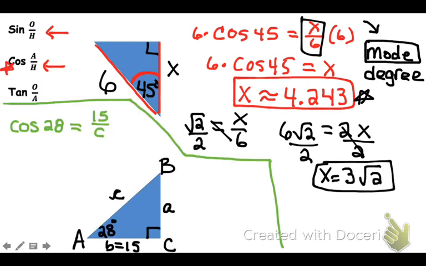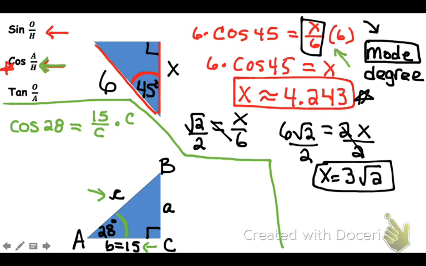Now in the last example, you're asked to solve for side C and side A. I chose to solve for side C first. So we're coming off of angle 28 degrees. I know I'm going to be using C because that's what I said I wanted to solve, and I have to have a number value, so 15. So I go up to my sine, cosine, tangent ratios, and it says I'm using adjacent over hypotenuse. So side adjacent was 15, hypotenuse is C. So we're going to multiply this time, whatever the denominator is.